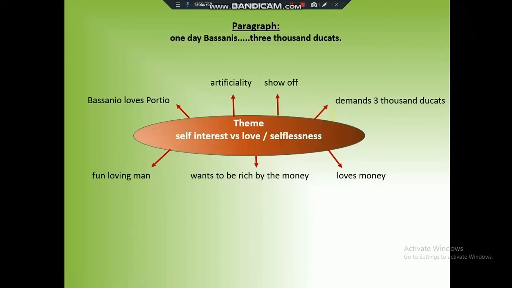To marry Portia, he demands 3,000 ducats from Antonio. And at that time, Antonio doesn't have 3,000 ducats because he lost his ships. So we can say that just for show, Bassanio wants 3,000 ducats from Antonio.